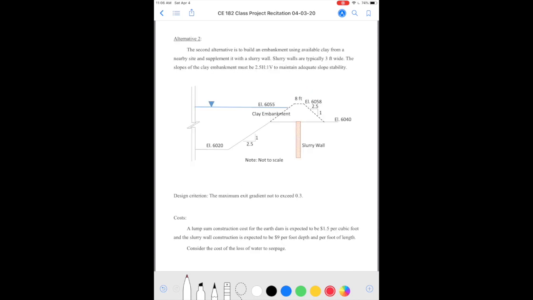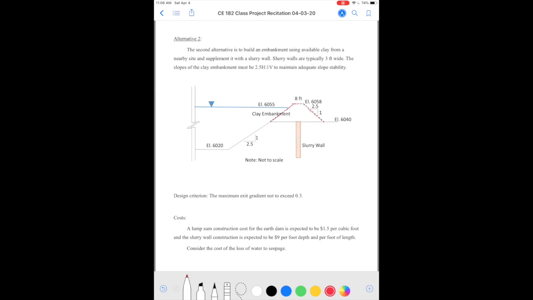The second alternative is to build an embankment using available clay from a nearby site and supplement it with a slurry wall. So the idea here is to keep on building on top of the ground an embankment using a nearby clay and adding a slurry wall.